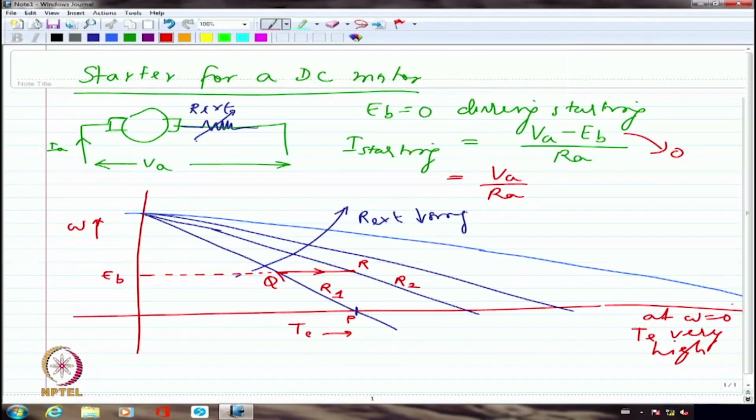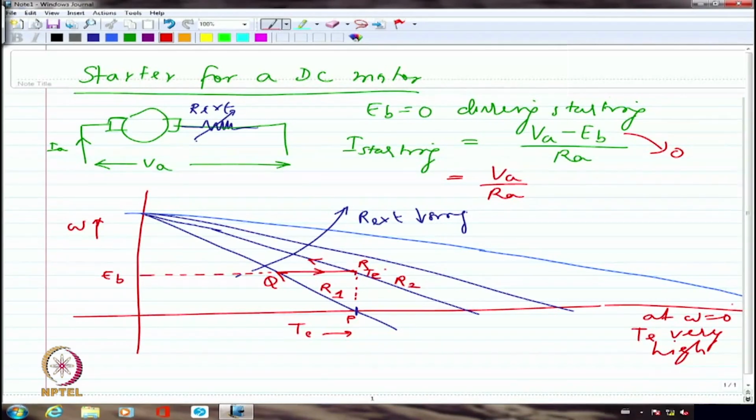Thank you. So you are going to have the operating point shifting from Q to R, and again this is going to traverse this particular characteristic, assuming that the load torque is not as high as what we had developed earlier. So this is the electromagnetic torque developed.